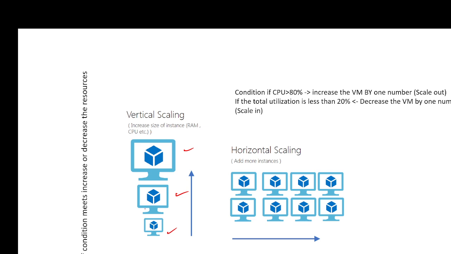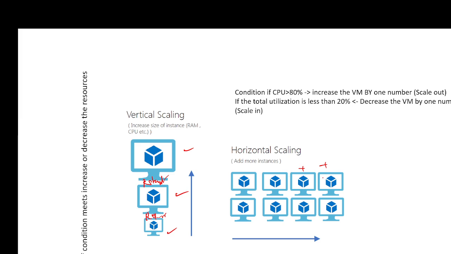But in this case, we need to restart every time. Here also we need to restart. Here also we need to restart. But here it is not like that, because we just keep on adding the virtual machines. That is called scale out and scale in.